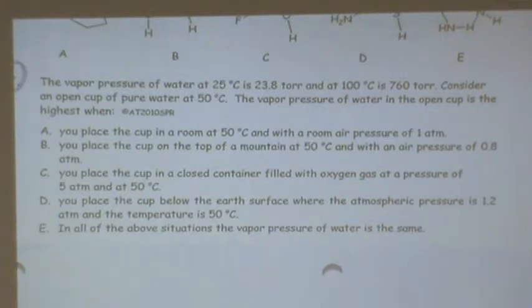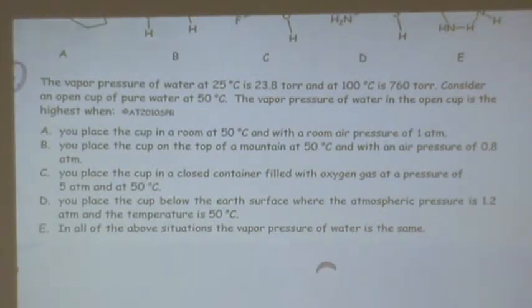And since the temperature is the same for every answer, the answer should be E. Because the vapor pressure of a liquid depends only on the temperature, not on external pressure. Remember how we define it: a closed system, an equilibrium between liquid and gas. It has nothing to do with the pressure outside. Remember the definition?